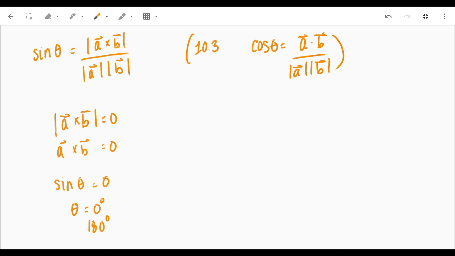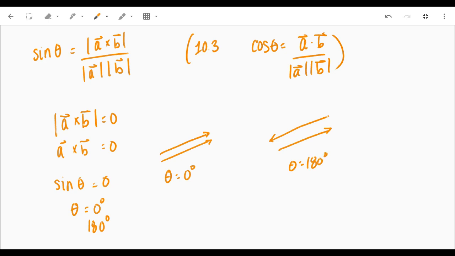So these vectors are either in the same direction, okay? They can be different lengths, but they're either in the same direction, so the angle between them is 0, or they're like this, so the angle between them is 180 degrees.